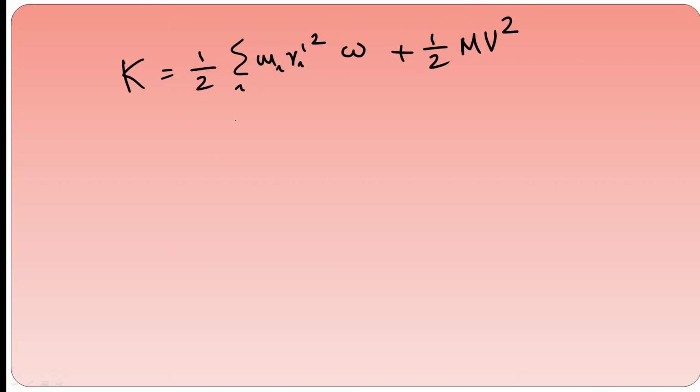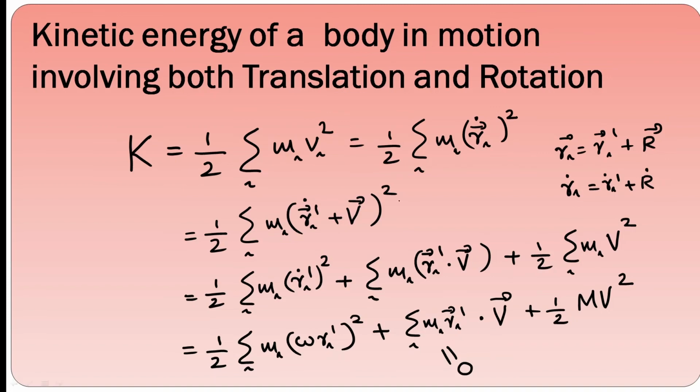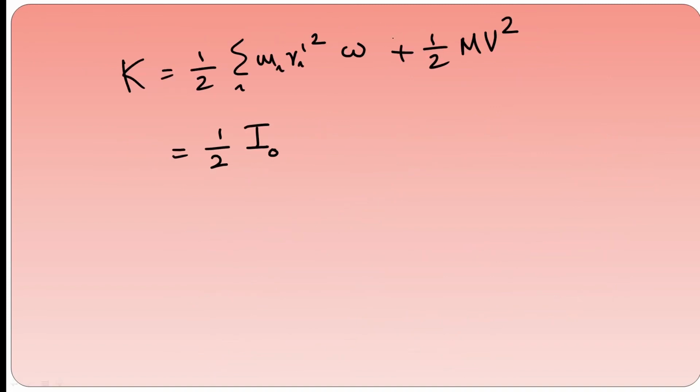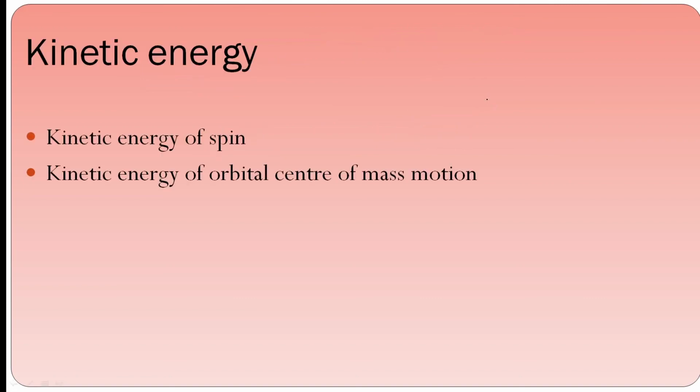Summation over i of m_i r_i prime square is I0, the moment of inertia about center of mass. So K equals half I0 omega square plus half m v square. This is the kinetic energy.